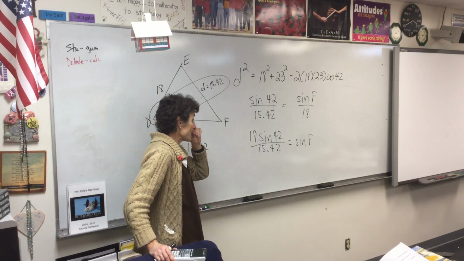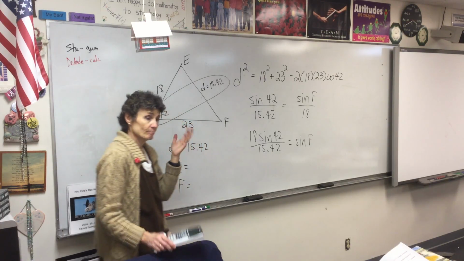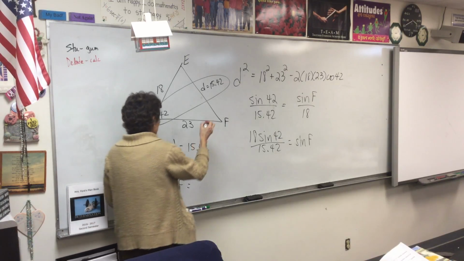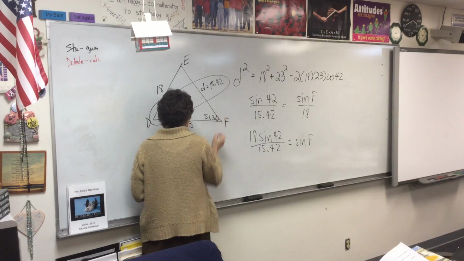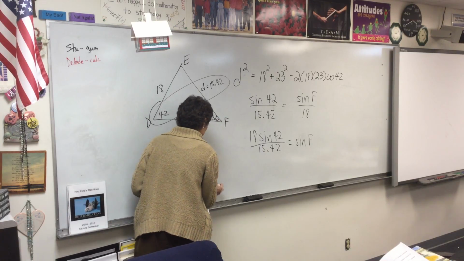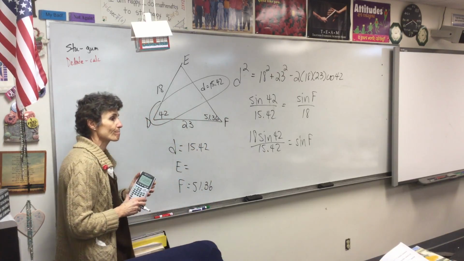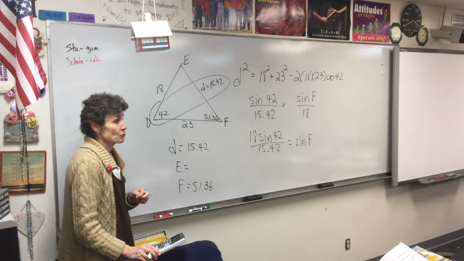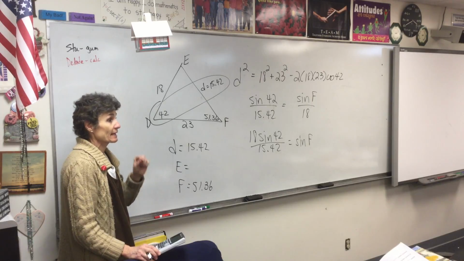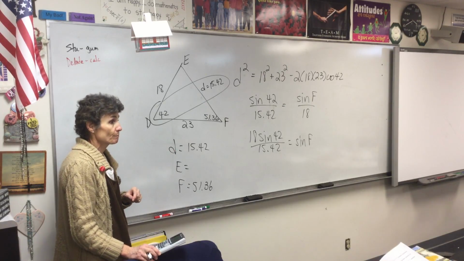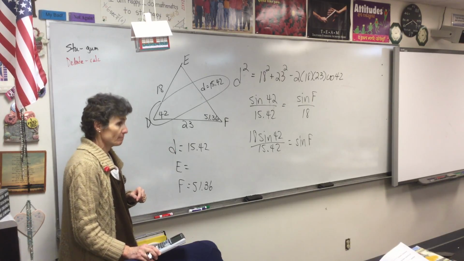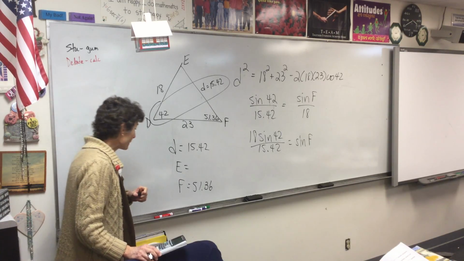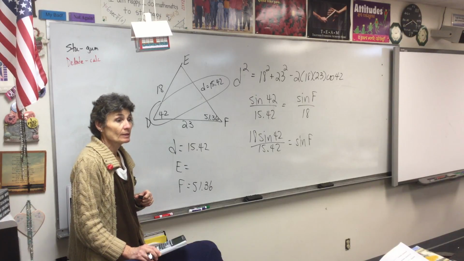So for angle F, I got 51.36. When it gives you 0.708, should you plug all that in? Or use your answer button. Remember, if you do second answer, it pulls it in for you. Did anybody else get 51.36?